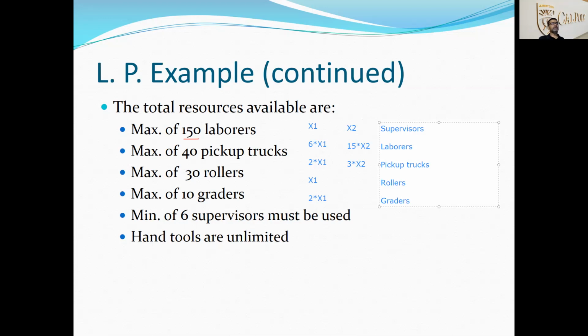Okay, so these are the different constraints. Now let's take each of these constraints. Let's talk about the supervisor constraint. It says a minimum of 6 supervisors must be used. How do you write that as a constraint? What does that constraint look like in the equation form?